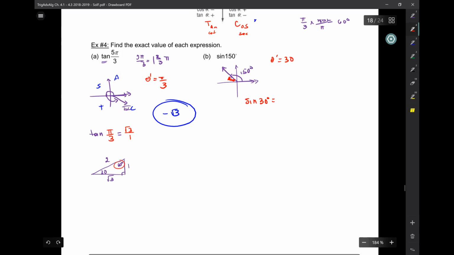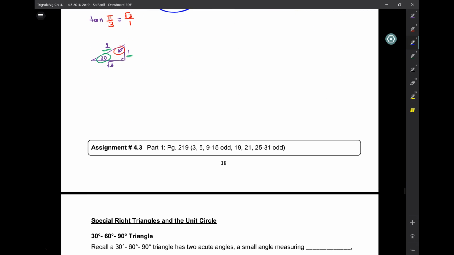If I use the same triangle here, sine of 30 is opposite over hypotenuse, 1/2. Okay. In that quadrant, is sine positive or negative? Positive, so it would just be positive 1/2. Okay? All right. So let's stop here for this.